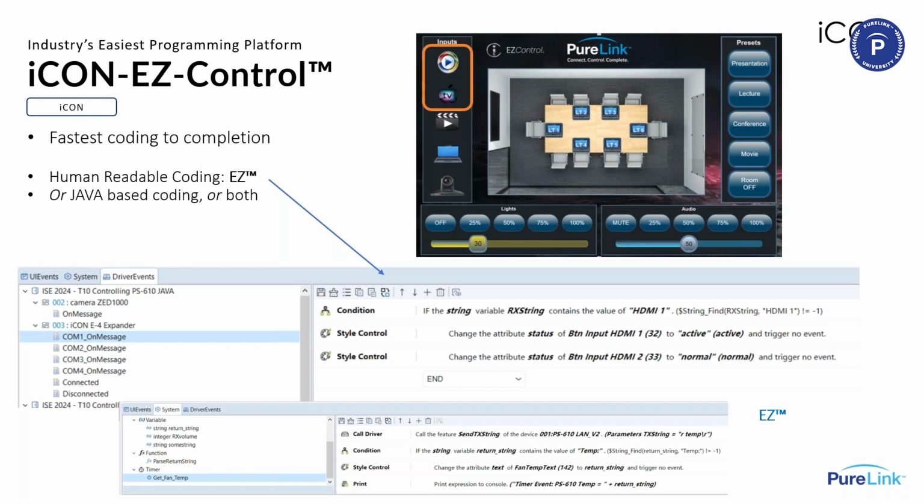So for example, in this case, it says if the return string from the PS610 contains text that says HDMI1, then you want to update the user interface so that the user can confirm or knows just looking at the touch panel that they're on input 1, because the content may not tell them.